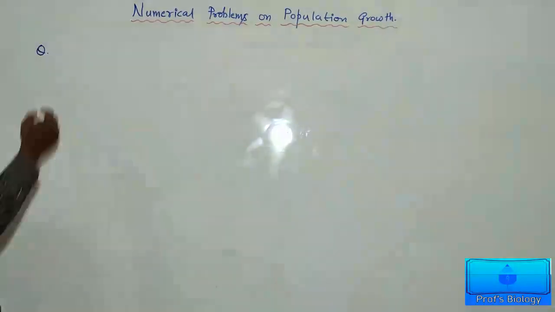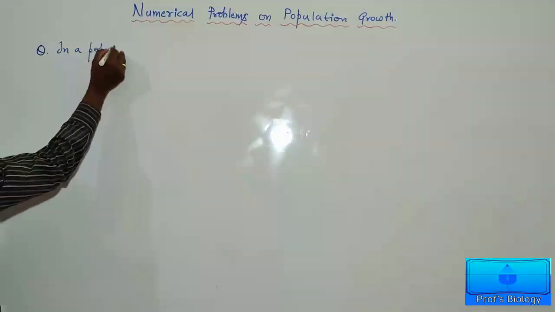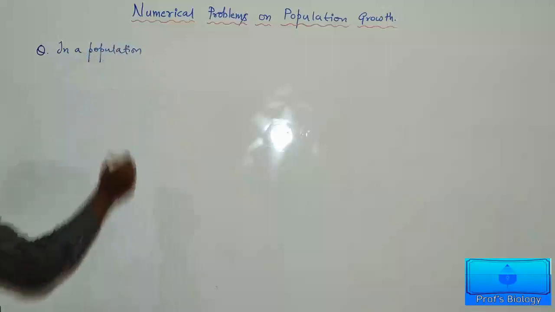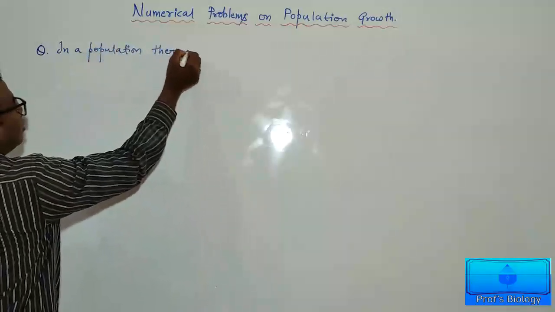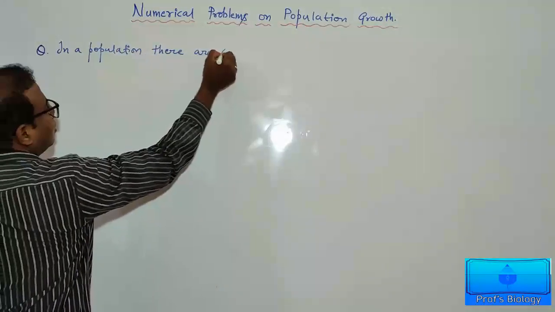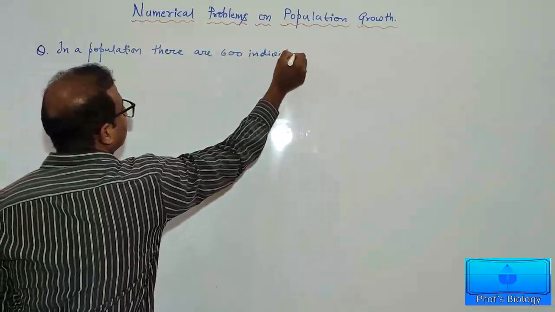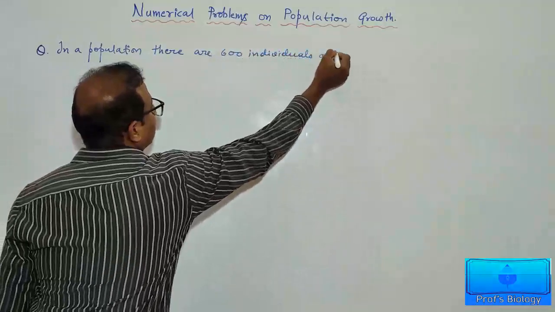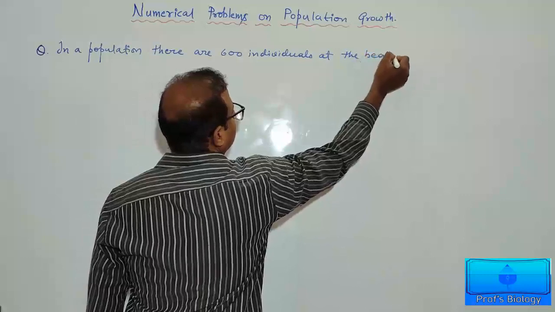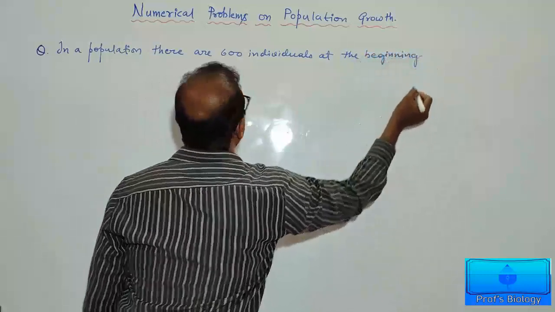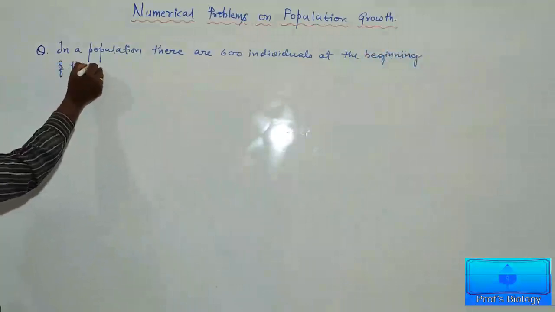Next problem. In a population, there are 600 individuals at the beginning of the year.